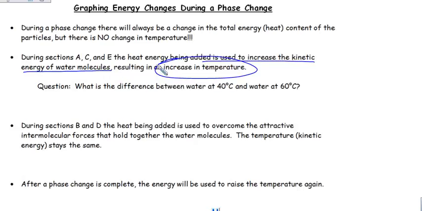Temperature is a measure of average kinetic energy. So if you are increasing the kinetic energy of the water molecules, you're just making them move faster, but they are all in the same phase. Let's put that down here. There is no phase change.